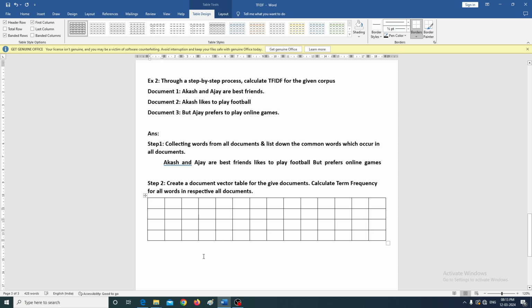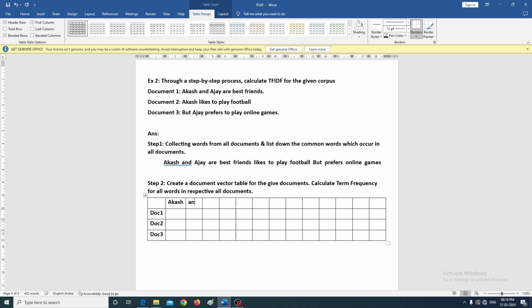This row belongs to document 1, this row belongs to document 2, and this row belongs to document 3. This column belongs to the first common word, Akash, and this belongs to Ajay.